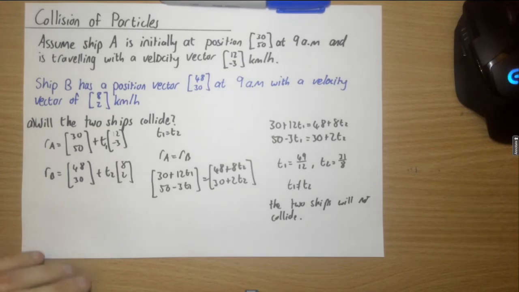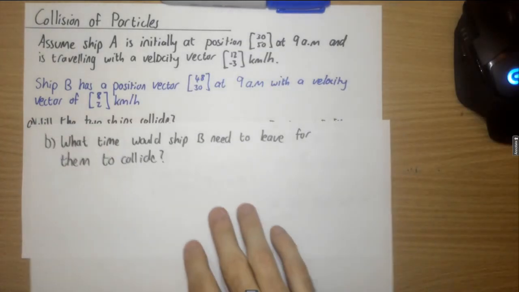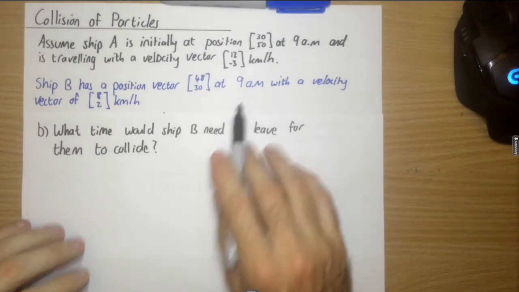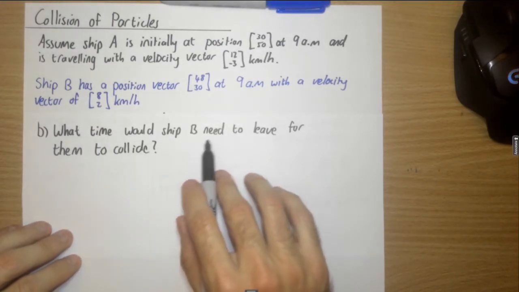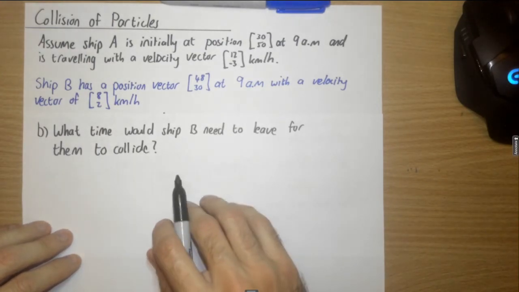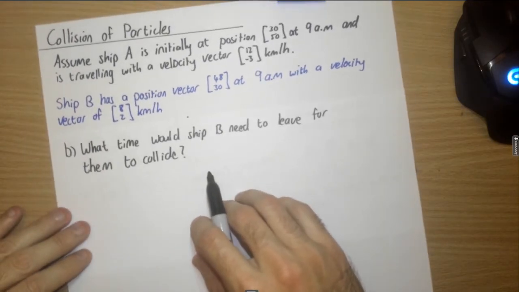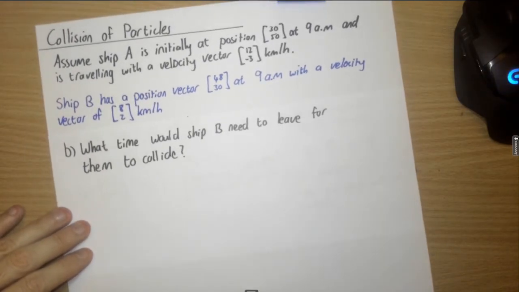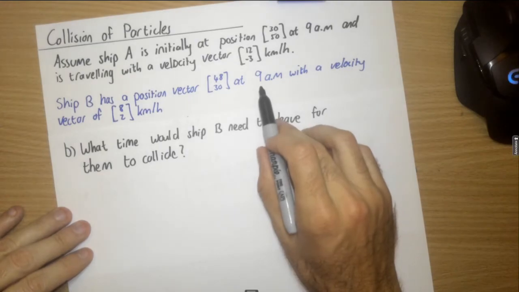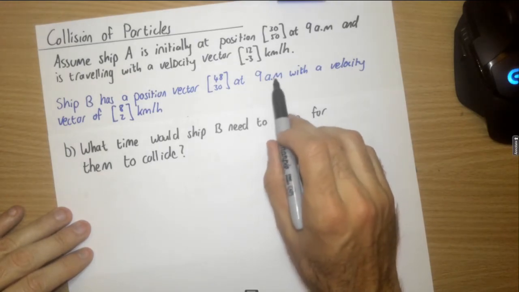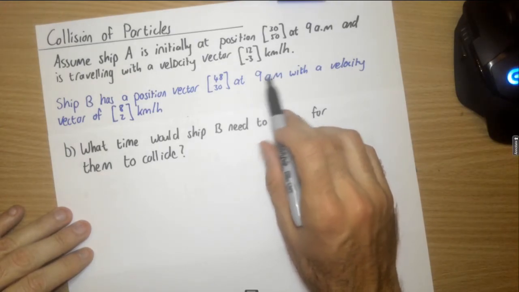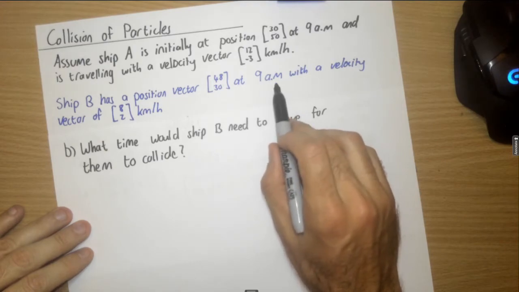This brings up the next question. If they don't collide and they both leave at 9 AM, what time would ship B need to leave for them to collide? So the way we're going to approach this problem is we're going to use the same time parameter t, but we're going to delay ship B, or make ship B leave a bit later on.